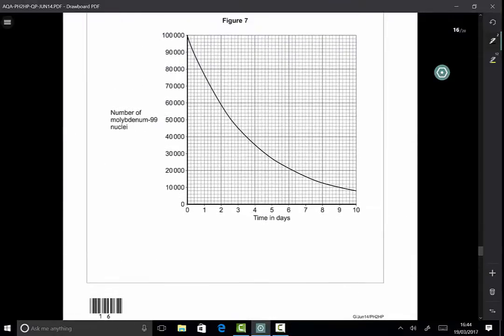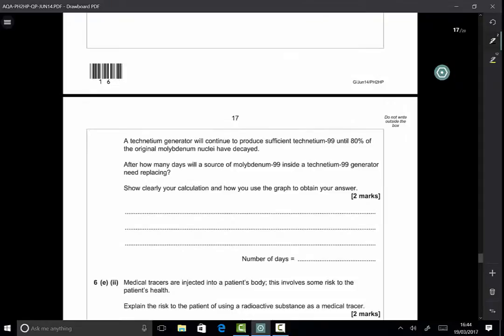Okay, so we're starting out with 100,000. We want 80% of it, which is going to be 80,000.